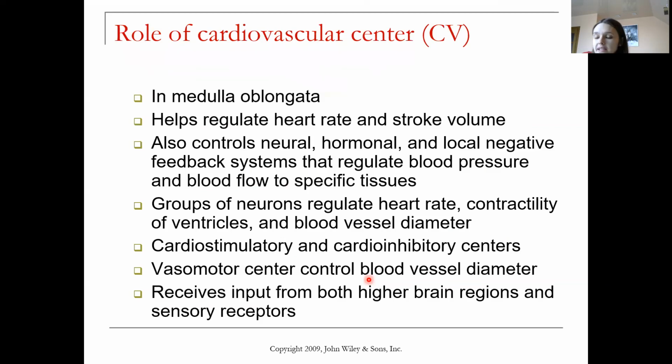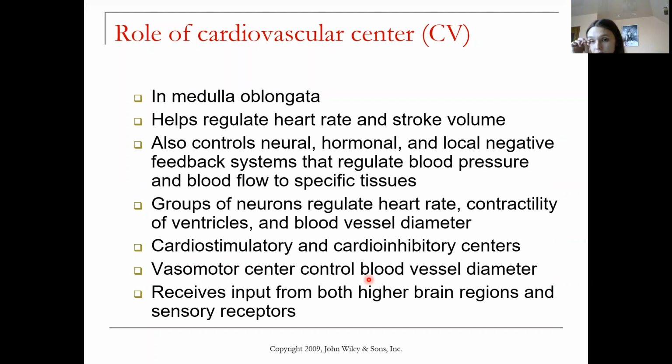What is the main center which is also responsible for regulating blood pressure? It is the cardiovascular center, which is located in the medulla oblongata. This center is responsible for regulation of the heart rate and the stroke volume. It is responsible to increase the heart rate or stroke volume or, vice versa, to inhibit it.